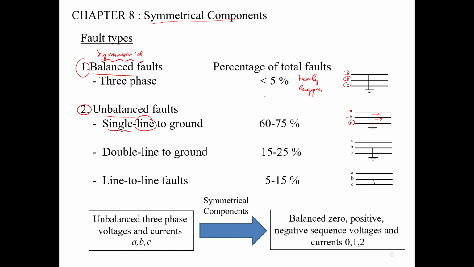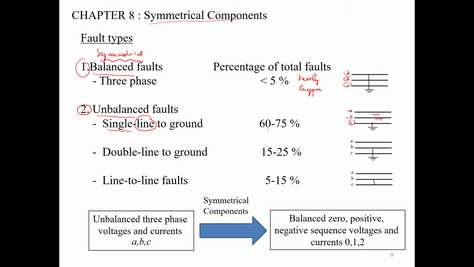The statistics of this kind of fault are about 60 to 75% of the total number of occurrences. So mostly the type of fault that happens in the power system is single line to ground.